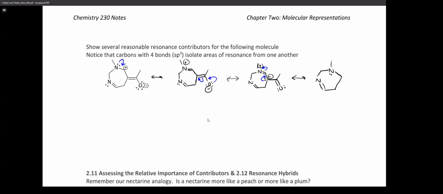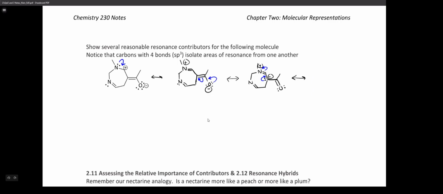Oh, I know why there's a problem. Forgot a carbon. There we go. Good. You know what? I'm just going to start that one over. It just doesn't want to go.